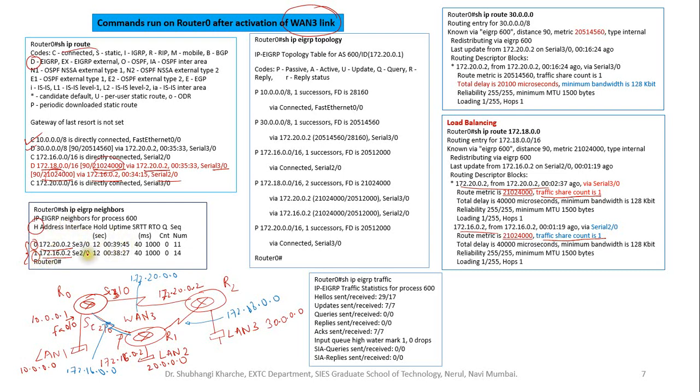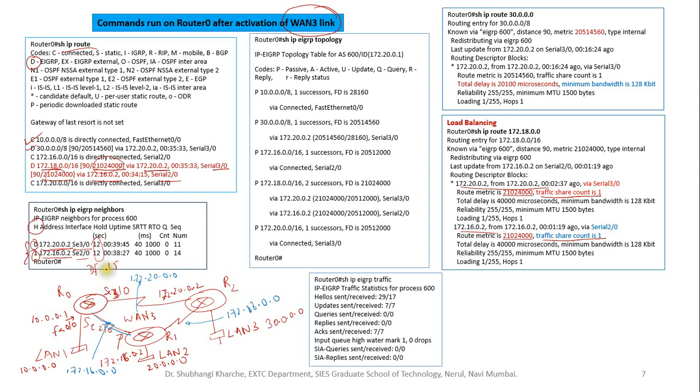Then this neighbor table also displays the network interface through which the particular IP address is reachable. It also displays the hold time. This hold time is the hold down timer per EIGRP neighbor. Its default value is 15. And once this hold down timer value expires, the neighbor adjacency is lost.